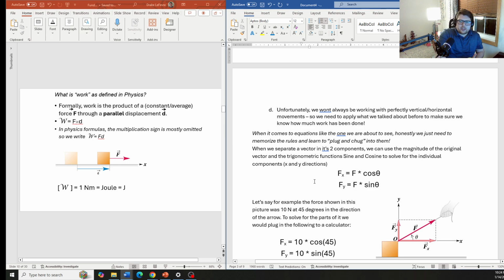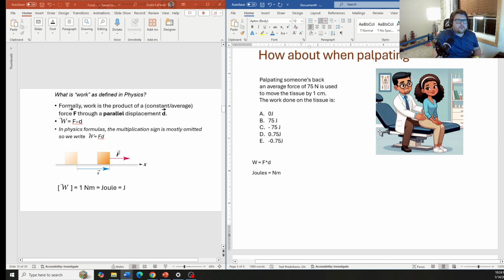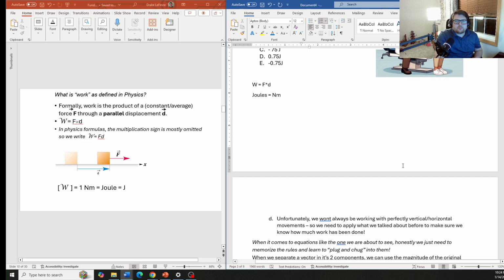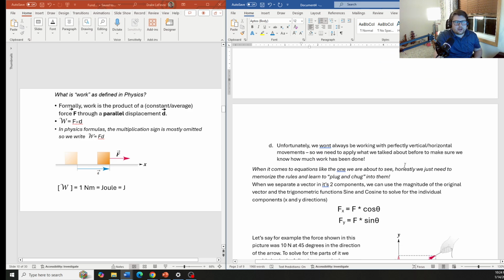Pulling in a little bit of the information that we learned in part 1, unfortunately, the world is not two-dimensional. We're going to have different angles of forces. We're going to have diagonals and angles of forces that are not just perfectly straight up and down or left and right.